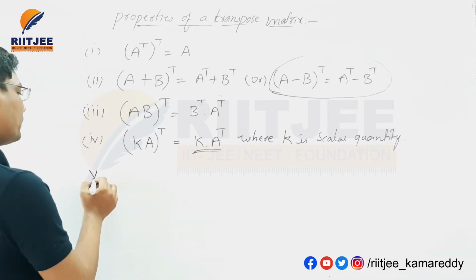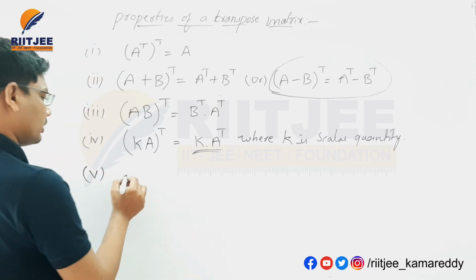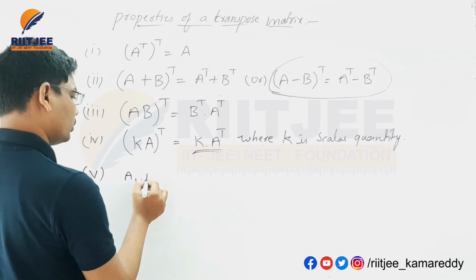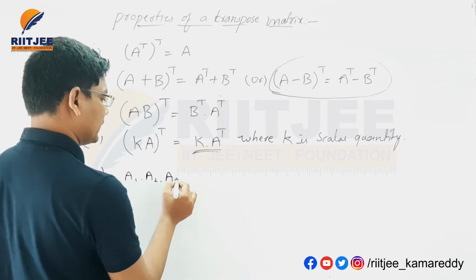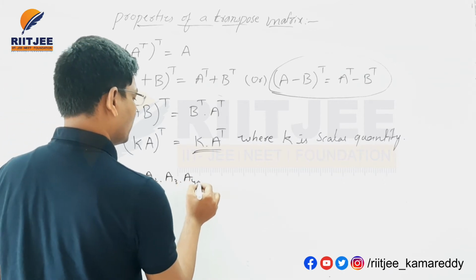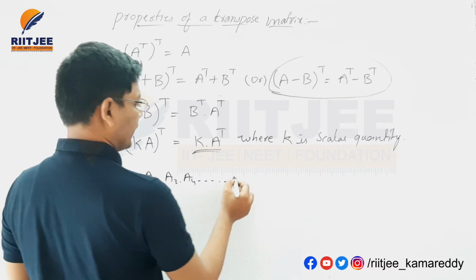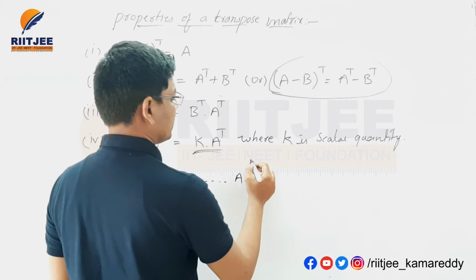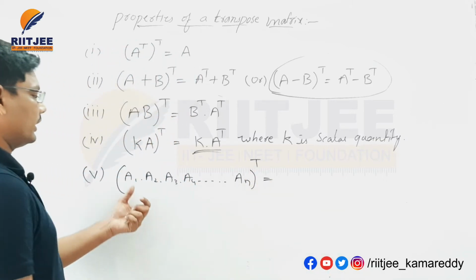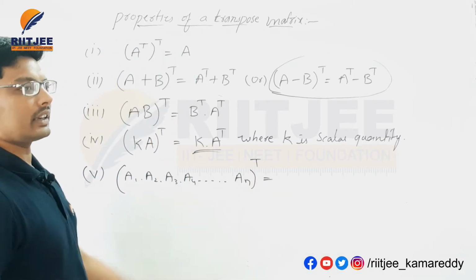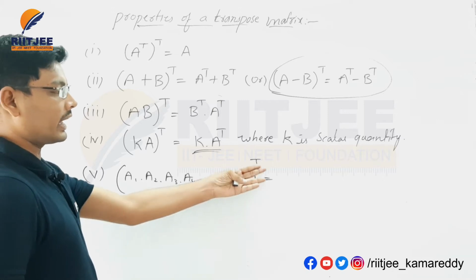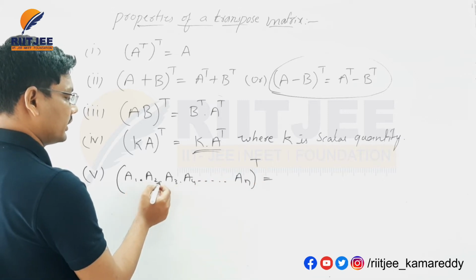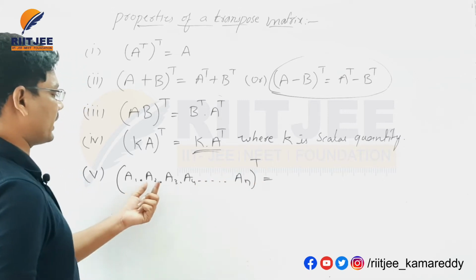Next, property number 5, that is (A1 into A2 into A3 into A4 up to An) whole transpose, where A1, A2, A3, A4 are matrices up to An, and these are the multiplications between each matrix.